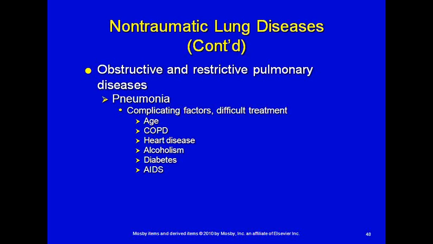Patients with heart disease, alcoholism, diabetes, AIDS, alcoholism certainly because of the suppression in the immune system and the body's ability to fight disease in general. And diabetes has a tendency to complicate many other diseases, particularly type 1 diabetes.